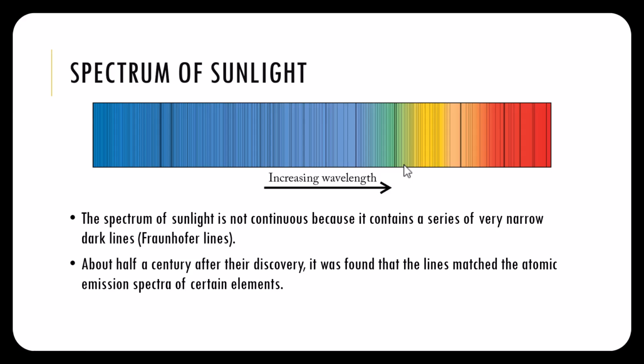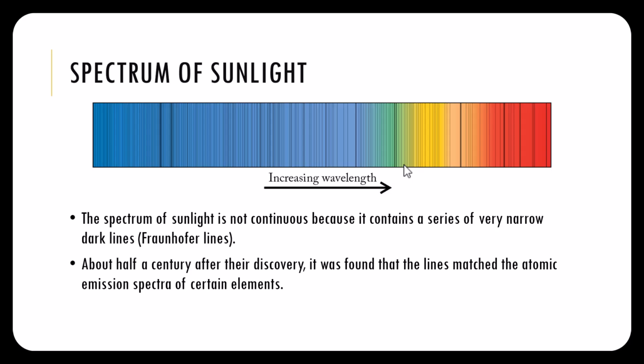So, spectrum of sunlight. So sunlight is light, right? But when we look at the spectrum from far away, kind of zoomed out, we look at it through a prism or a window, something like that, it looks like a rainbow, a continuous, pretty rainbow.